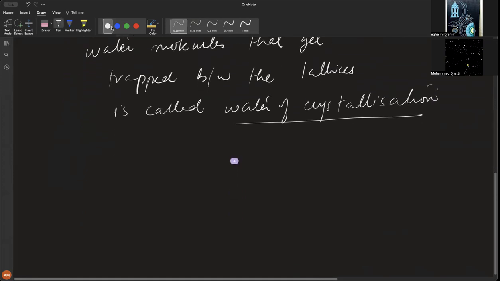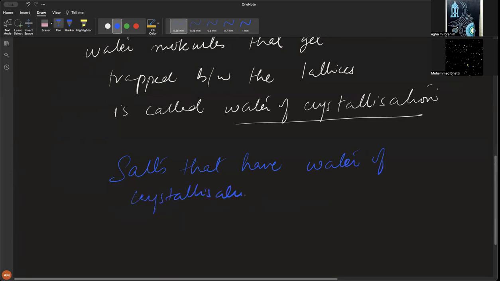So this brings us to an understanding: the salts that have water of crystallization are called hydrated salts.